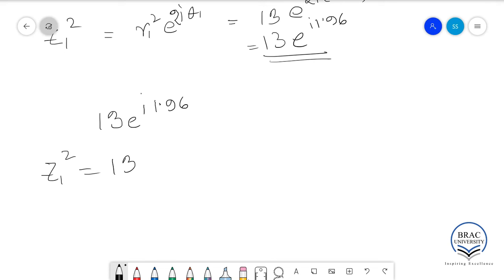This is z1 squared, and we want to see that this is equivalent to the Cartesian form. So let's use the identity called De Moivre's identity, where we learned e to the power i n theta is actually equal to cos n theta plus i sin n theta.